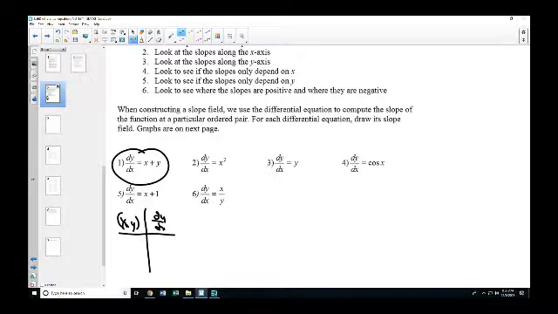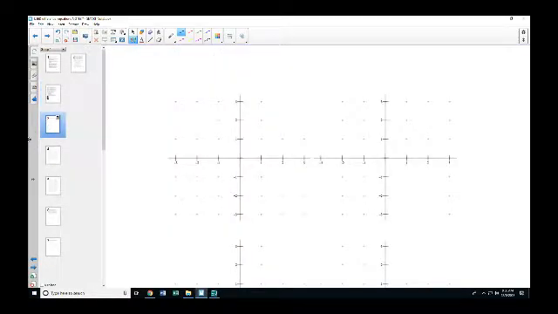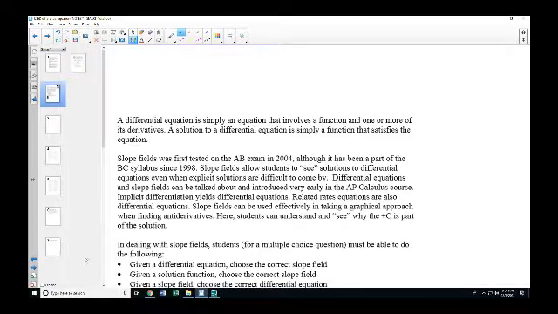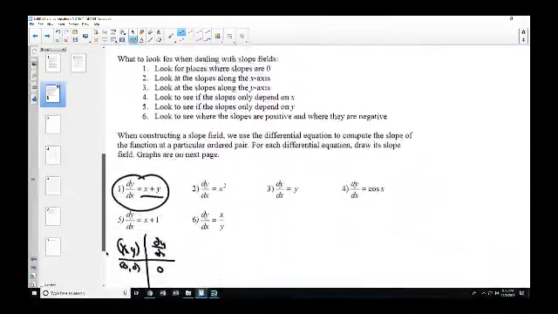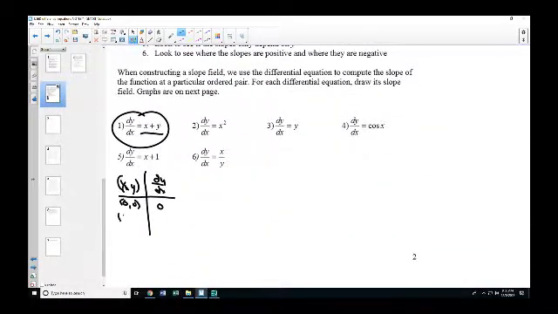So if I choose 0, 0, 0 plus 0 is 0, right? So I can go to a grid and I can put a slope of 0 at 0, 0. And then you're going to be given 1.